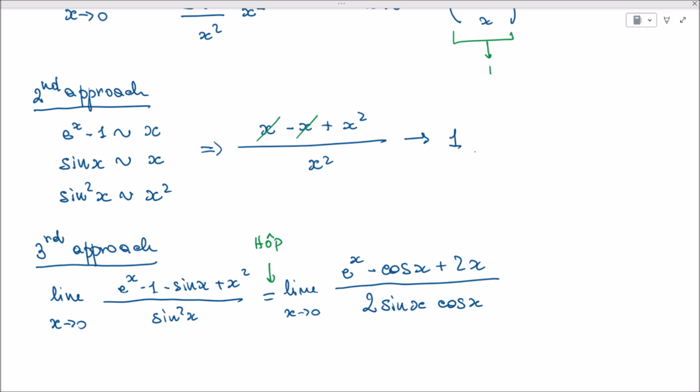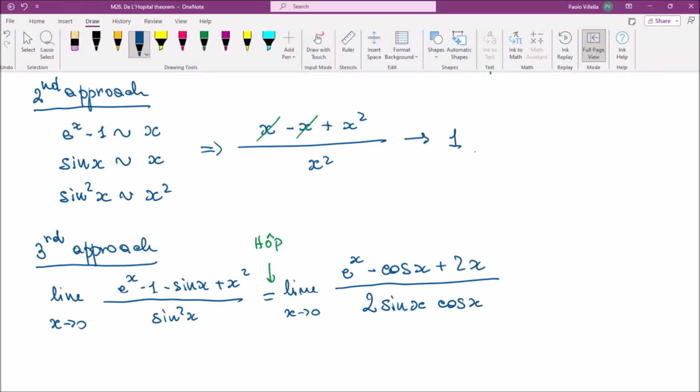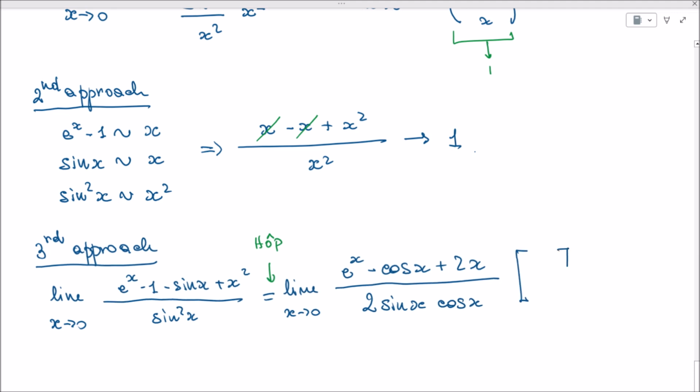Now let's notice that we still have an undetermined form here. Why is that? Because for x that goes to 0, e to the x becomes 1, just like cosine of x. So on top we have 0, and also in the denominator we have 0.